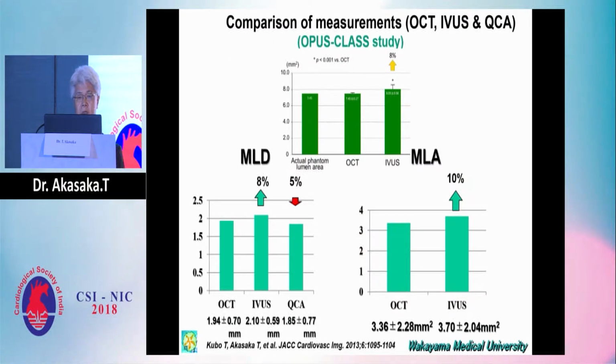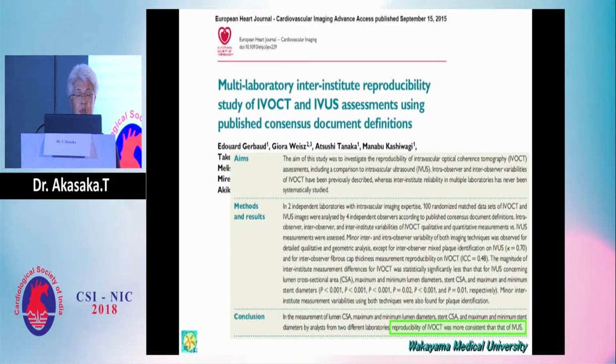Why can we expect this data? Because in the measurement compared with a phantom model, OCT is quite accurate and IVUS always overestimates. In real clinical practice, IVUS always overestimates compared with OCT, and QCA underestimates the size. And the reproducibility of the sizing of OCT is better than IVUS in this report.